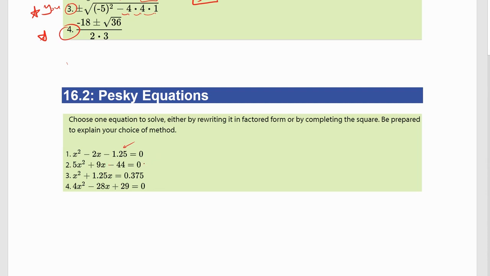So what times what gives you 1.25, but at the same time has to add up to negative 2? That becomes pretty difficult, doesn't it?